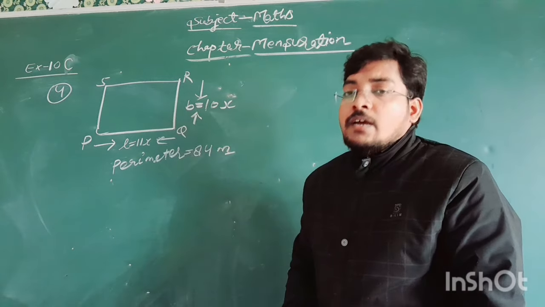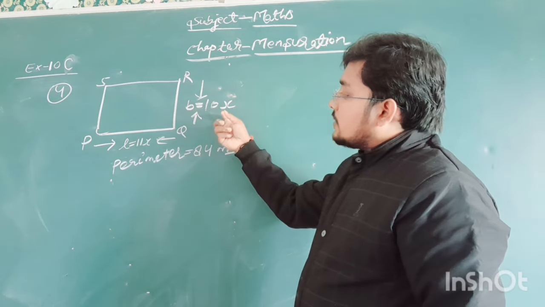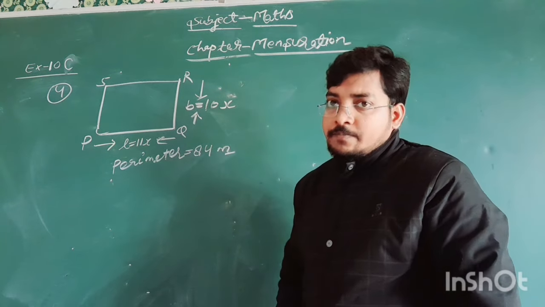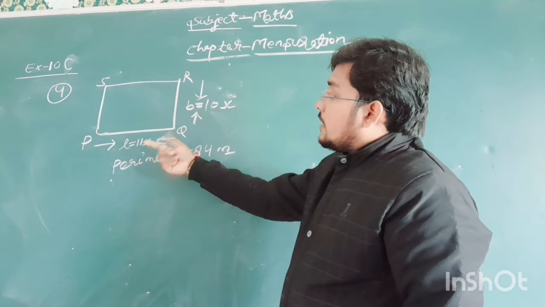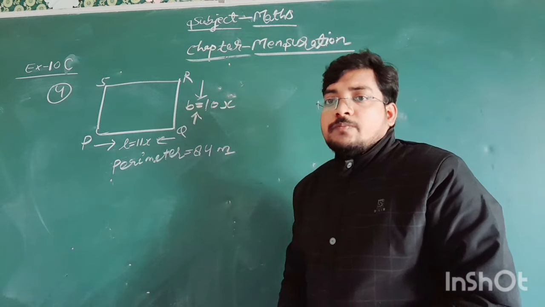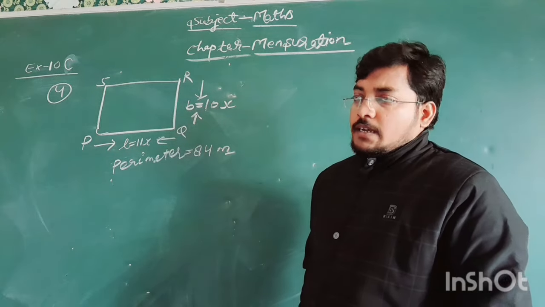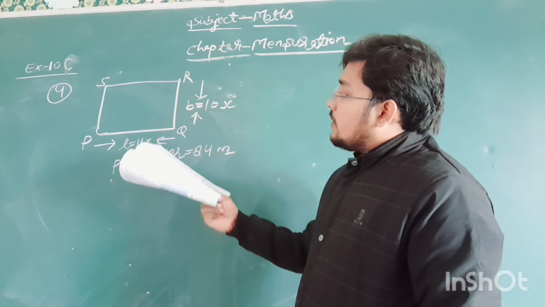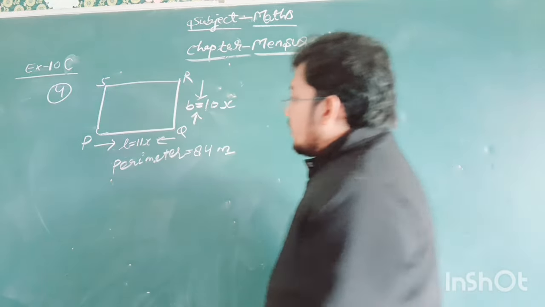When we find the value of x, we get the length and breadth of the rectangle. And when we know the length and breadth, we find the area of the rectangle, and area of a rectangle is equal to the product of length and breadth.